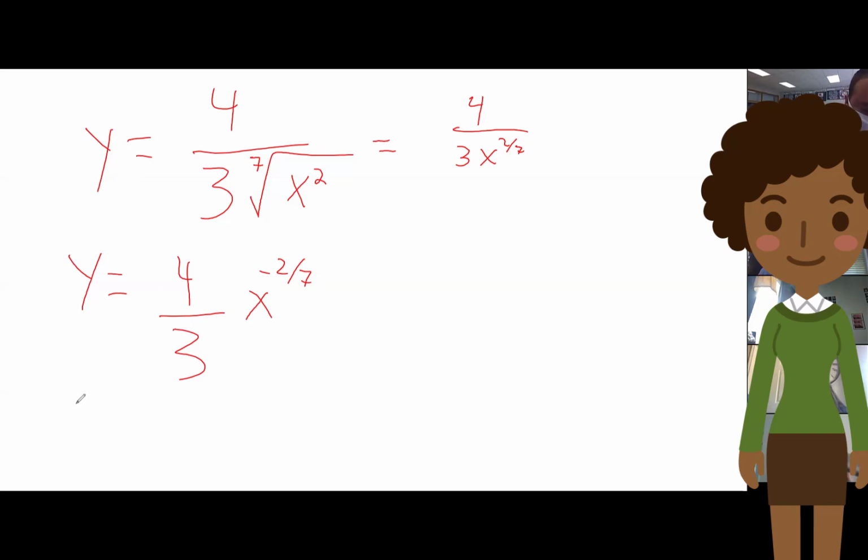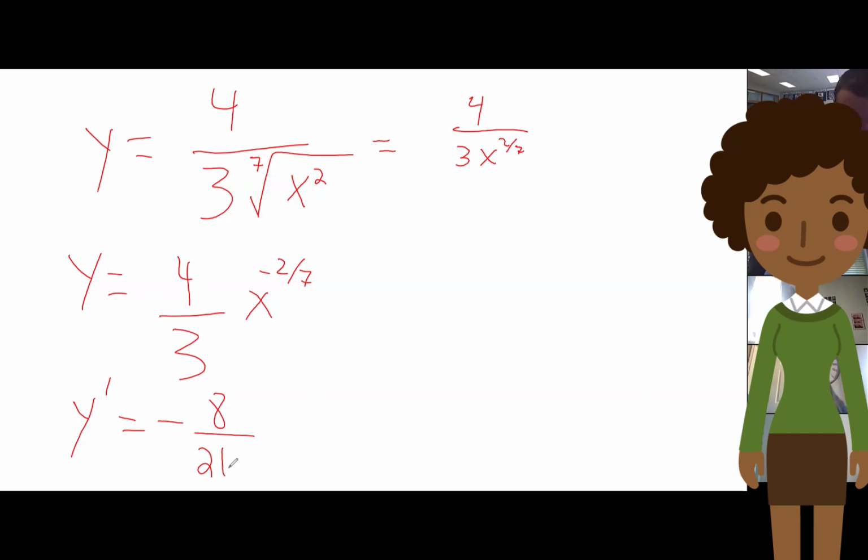So now look, y prime equals, well, 4 times 2 is 8, but I'm going to put negative in the front, 8 over, and then 7 times 3 is 21. We'll talk about reducing if it reduces. Does that reduce? 8, 16, 24. Nope, it doesn't reduce.